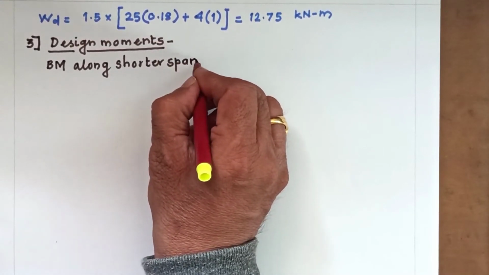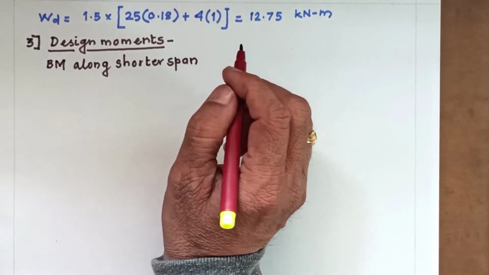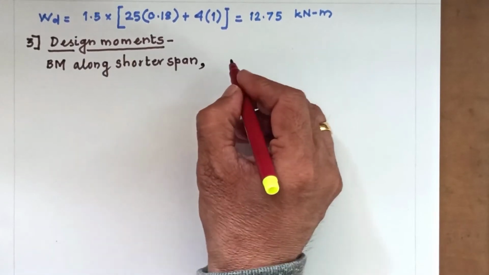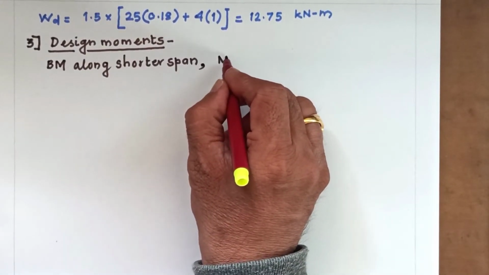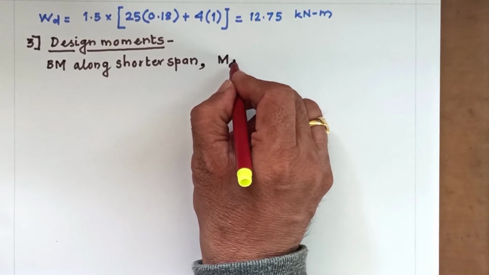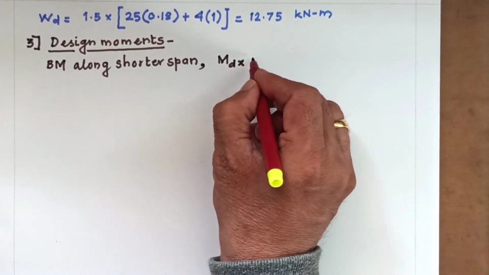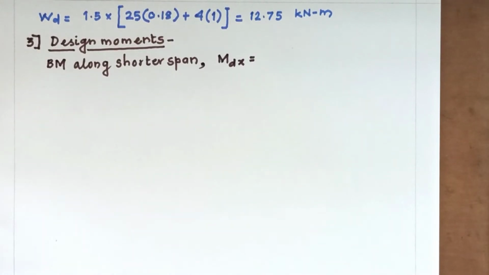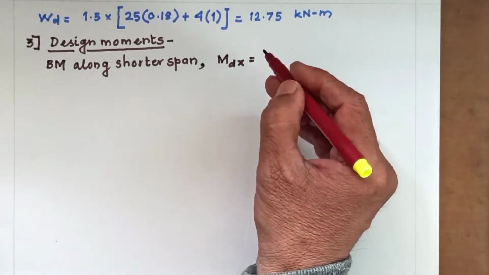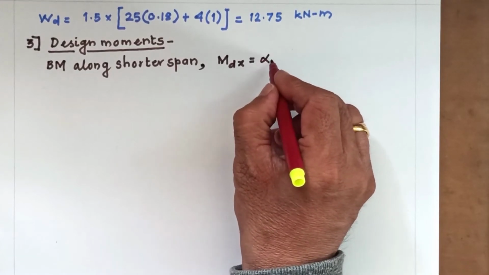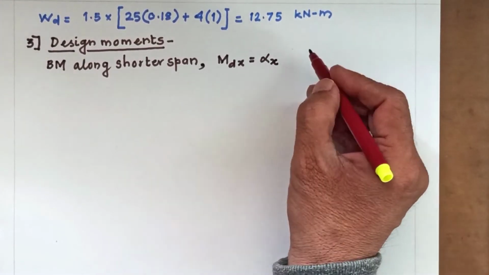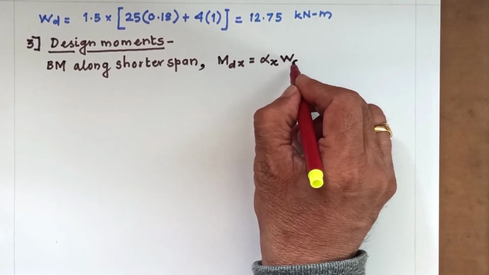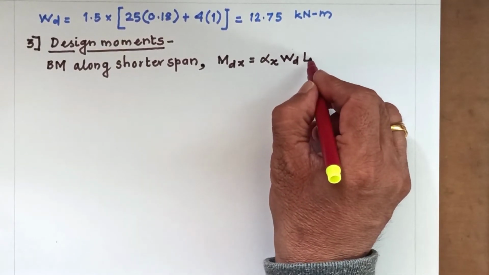That is along Lx, which is known as Mx or Mdx, d for design moment. So Mdx is equal to, as shown on page number 90, alpha x multiplied by w, that is WD in our case, into Lx square.